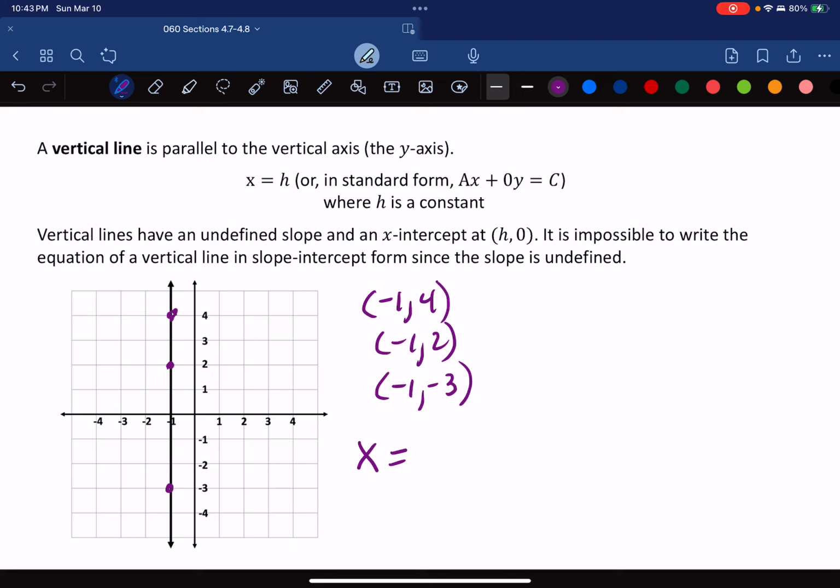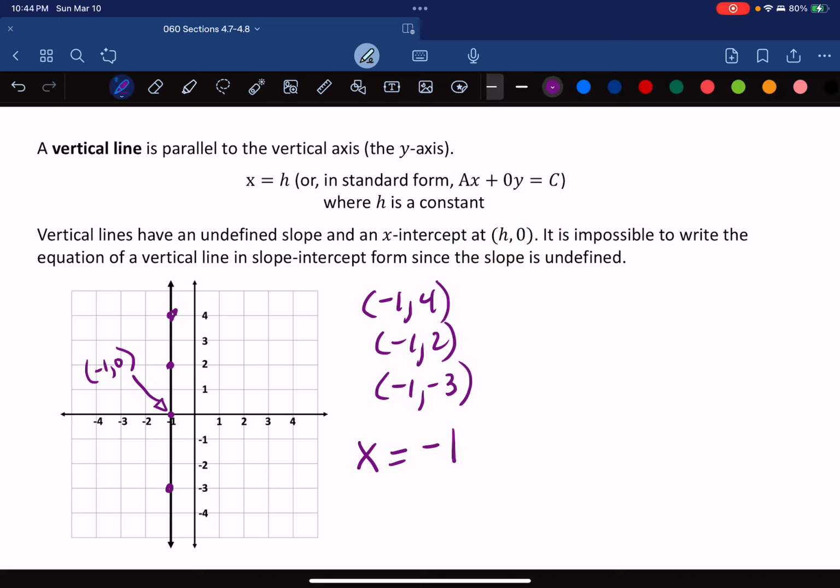In this case, it's my h, which is -1. My equation of this line is x equals -1. And that happens to be my x-intercept, which is -1, 0. And so my x-intercept is going to be my h value, -1, 0.